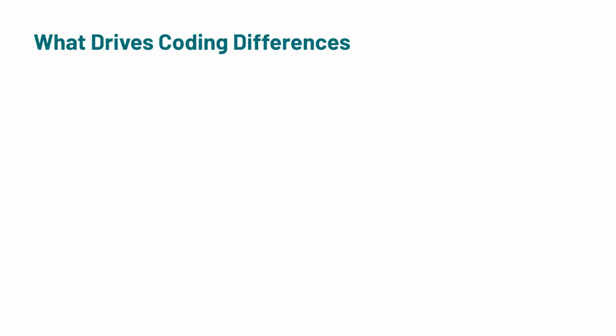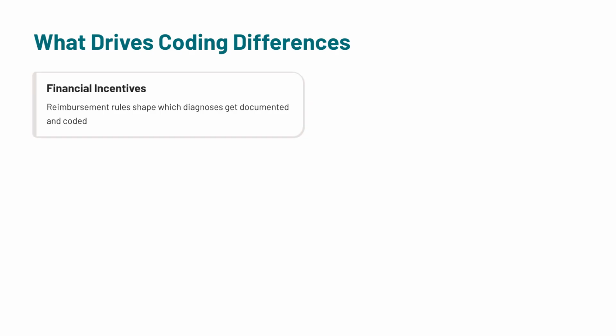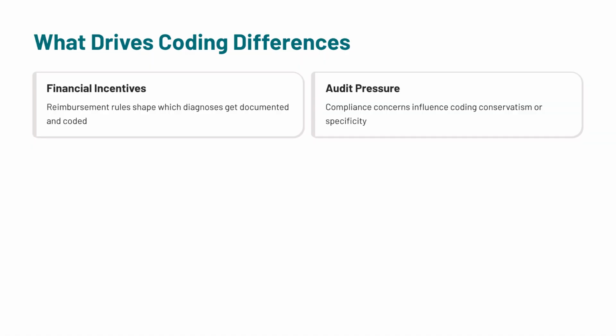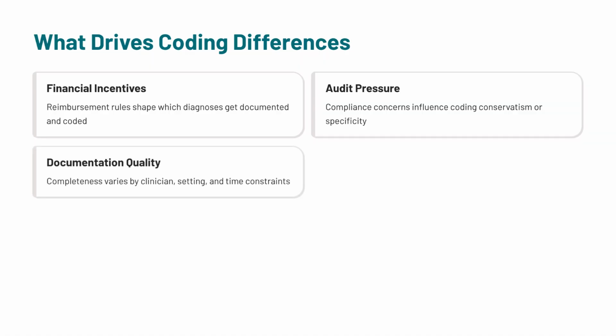So why do codes differ across places and time? Several forces shape what gets documented and coded. Financial incentives and reimbursement rules can influence what is emphasized. Audit pressure can make coding more conservative or more specific. Documentation quality varies by clinician, setting, and workload.